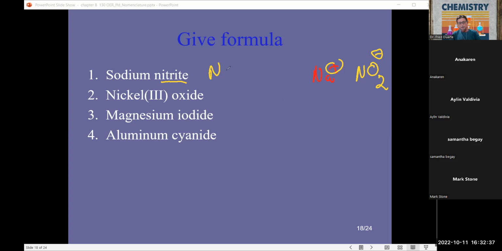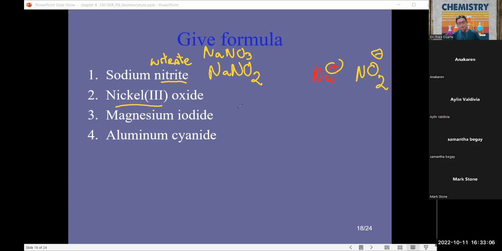So its formula will be NaNO2, the nitrite. If this was nitrate, excuse me, then there would be NaNO3. Notice the difference: the nitrate has 3 oxygens, the nitrite has 2 oxygens. 2 totally different compounds.